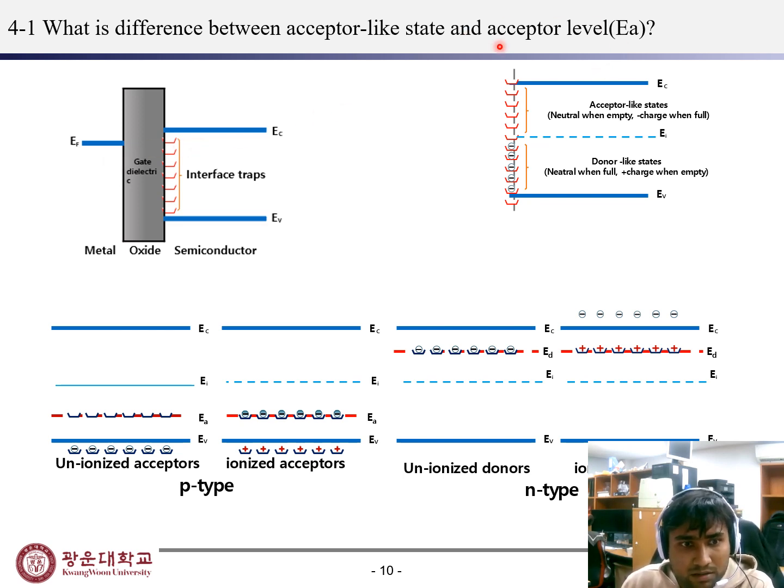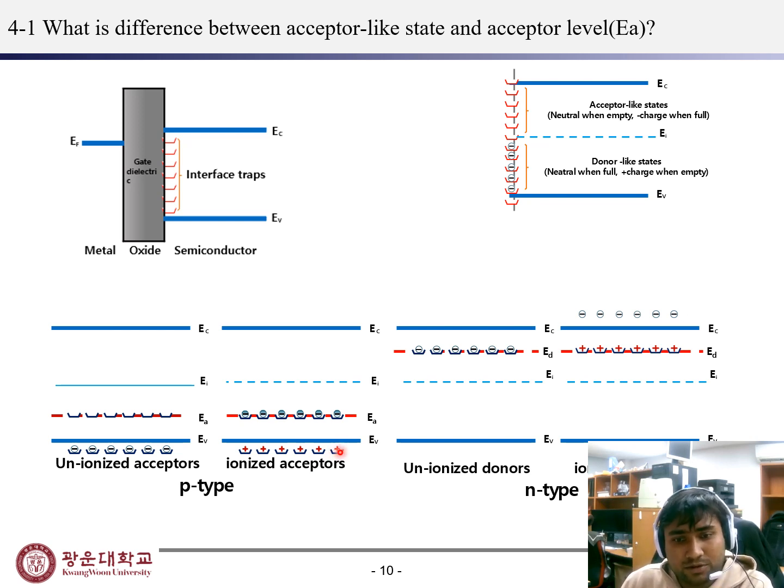But the acceptor level in p-type is an ionized acceptor, where an electron moves from here to here. In the acceptor level, the electron fills it, but here there is a positive charge. In this way, the electron contributes to current flow in a semiconductor.